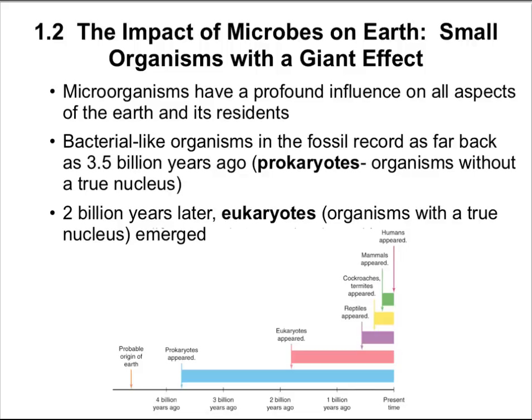It wasn't until about 2 billion years later that we saw eukaryotes arrive. Eukaryotes are organisms that do have a nucleus and other membrane-bound organelles. Then you look all the way over to where humans showed up. It's just a speck in the scheme of things.